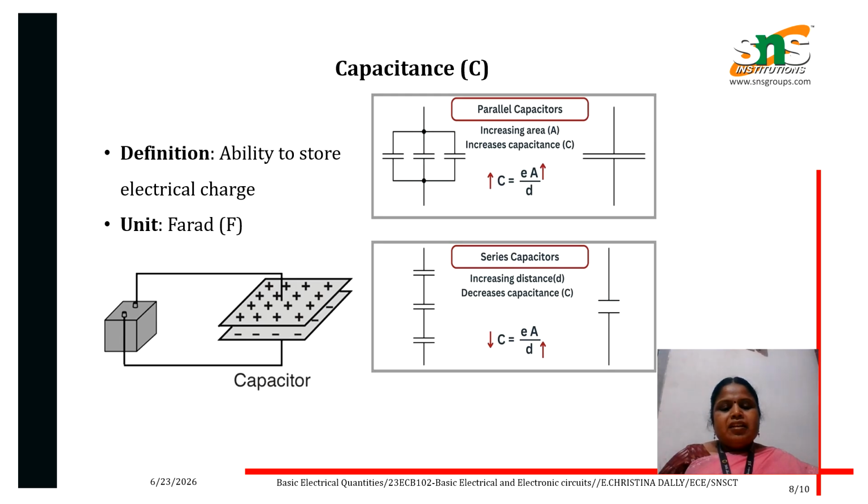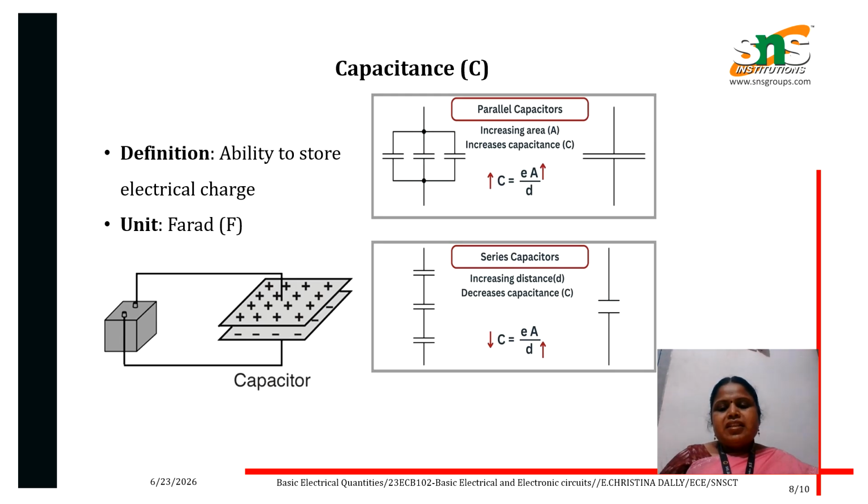Next, the capacitance. We know what the purpose of the capacitance is. Capacitance is nothing but the ability to store electrical charge. What is the unit of the capacitance? Farad. We have two types of capacitors, one is the parallel capacitor, another one is the series capacitor. In case of the parallel capacitors, we increase the area, that is increasing the capacitance.